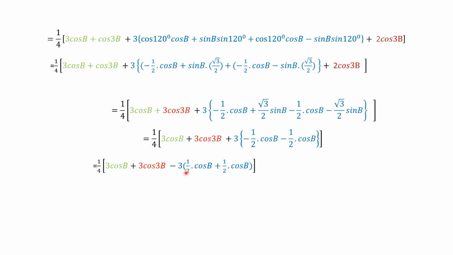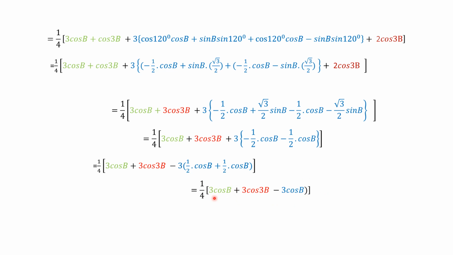Now we know 1 by 2 cos b plus 1 by 2 cos b is simply cos b, and that cos b will multiply 3, isn't that so? So what will we get? We'll get 3 cos b. The first two terms are copied as they are. Is this clear? Okay, now here we have 3 cos b. Here is also 3 cos b.